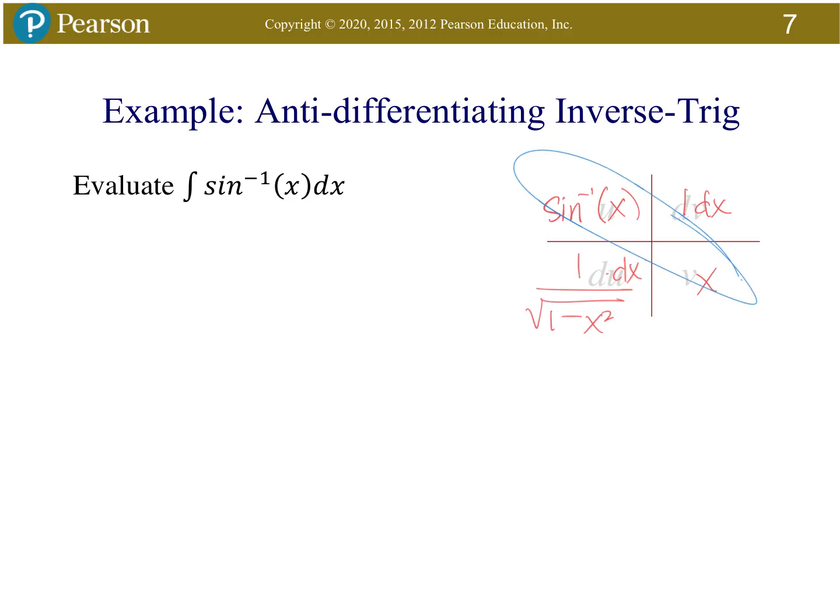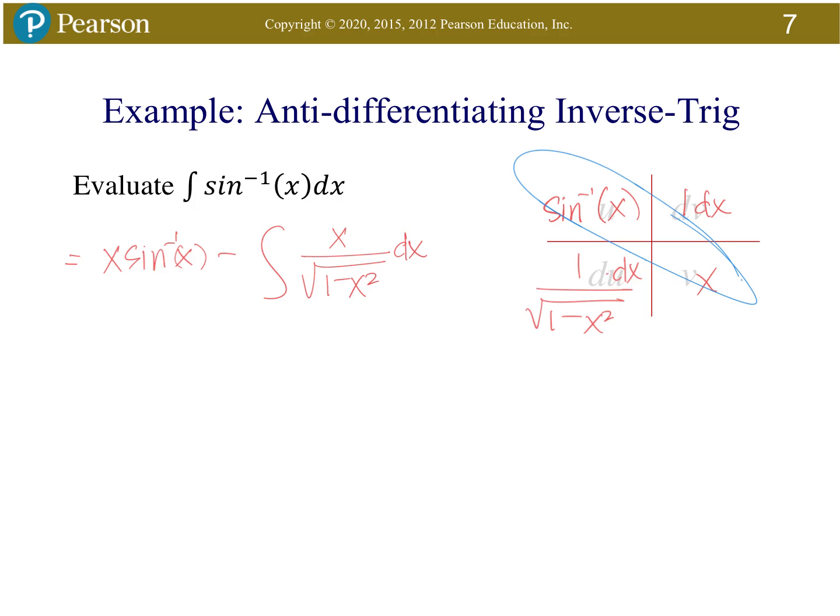Reassembling the parts gives me x sine inverse of x minus the integral. Now, this doesn't reduce nicely. It gives me x over the radical of 1 minus x squared dx.